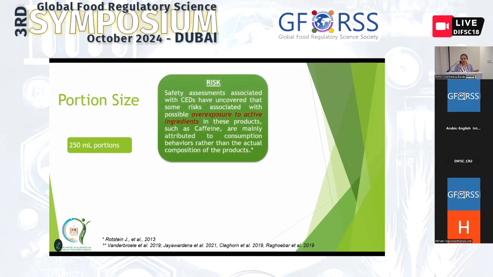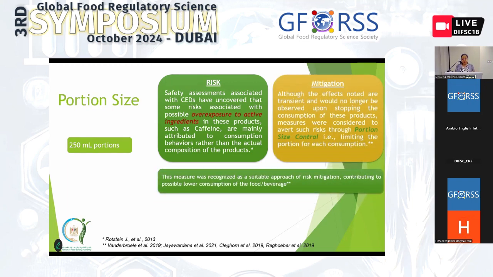Most of the safety assessments associated with caffeinated energy drinks have uncovered that the risks associated with the possible overexposure to active ingredients in these products, such as caffeine, are mainly attributed to the consumption behaviors rather than the actual composition of these products. So it's the overuse sometimes of these products that makes the risk.